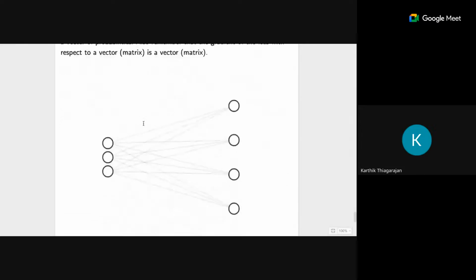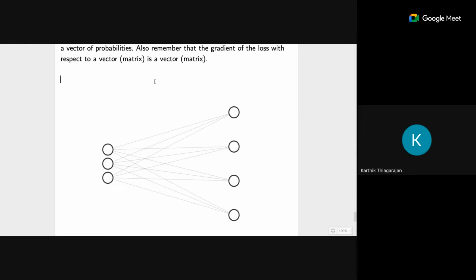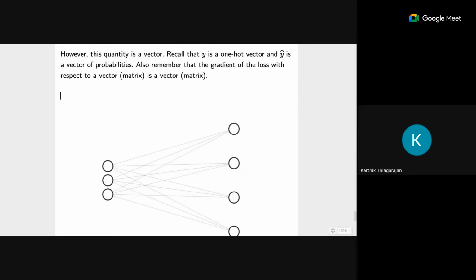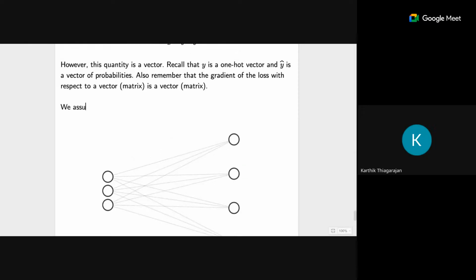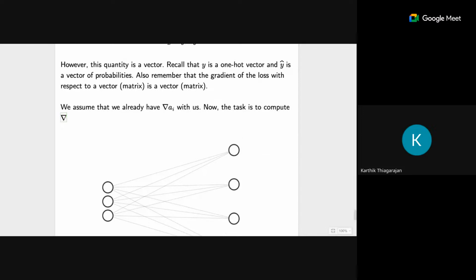Okay, right. So now we come to, we assume, right? Now this is where the iterative process comes into the picture. We assume that we already have the gradient of AI with us. Now the task is to compute what all can we compute.